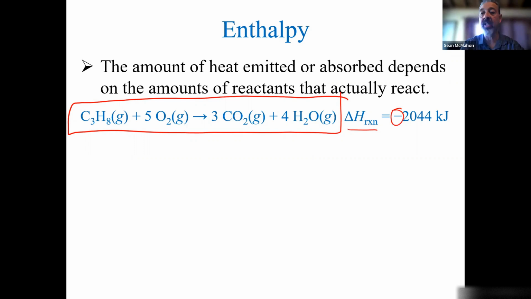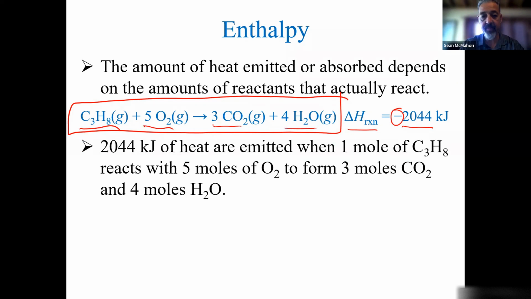So this shows me this is an exothermic reaction. It's releasing 2,044 kilojoules. But when does it release the 2,044 kilojoules? When 1 mole of propane burns in the presence of 5 moles of oxygen to produce 3 moles of CO2 and 4 moles of H2O.